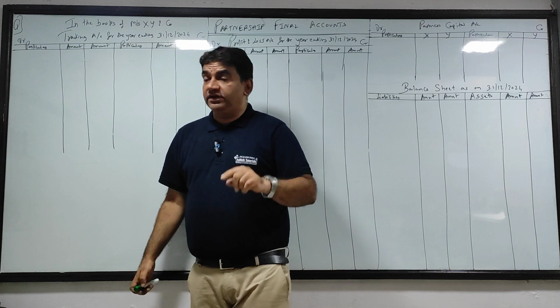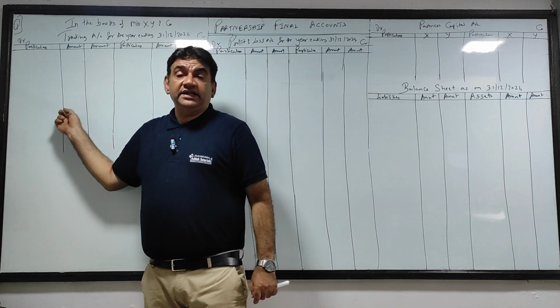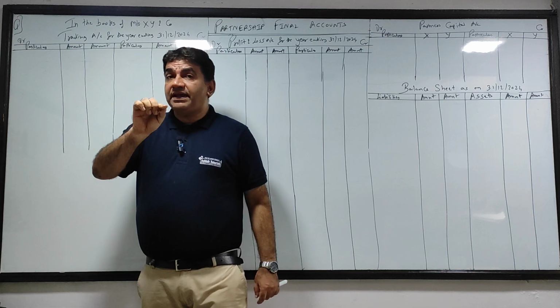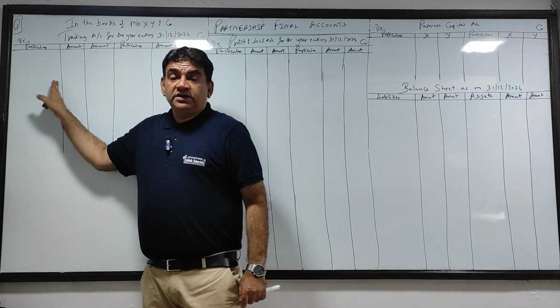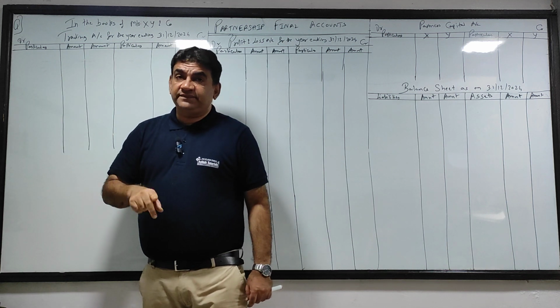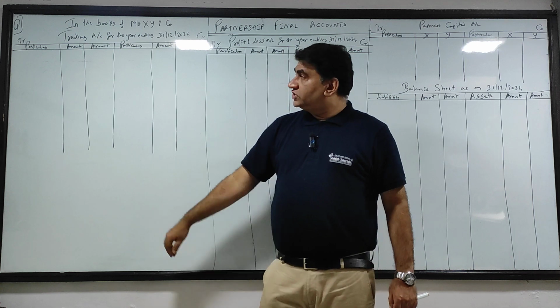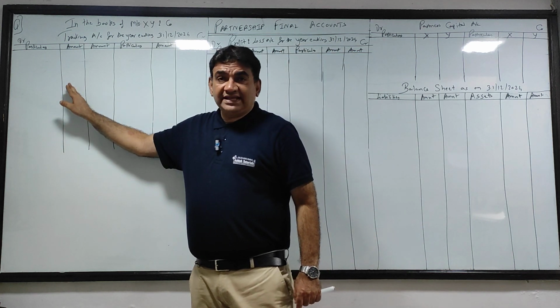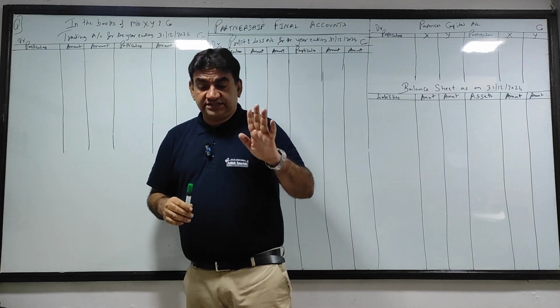But guys, be careful. When you start writing anything in the trading account, what I told you sometime back, trading account will always start with opening stock, उसके बाद purchases. Now in this sum, purchases में returns भी है. So what you do? Leave 3-4 lines and then leave 4 lines and then we will write wages.